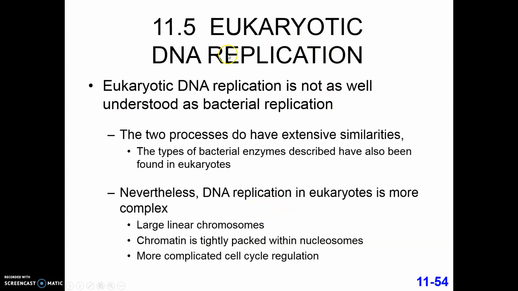So, to start off with, eukaryotic DNA replication is not quite as well understood as bacterial. The more complex organism you get, the more difficult it is to piece apart the different elements involved. But we do have a lot there, right?